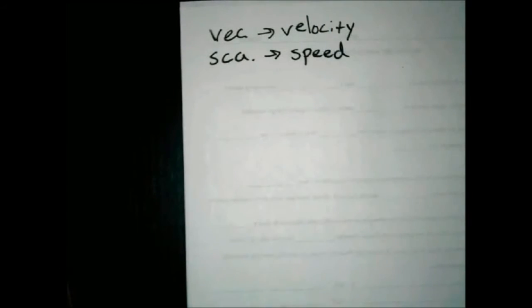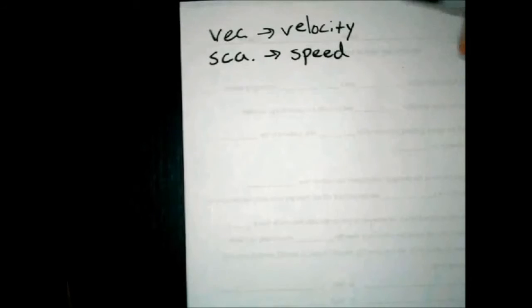I want to know what my average velocity is. So in order to do that, I need to take displacement, take my r, and I want to take time interval. And that's going to tell me my average speed.